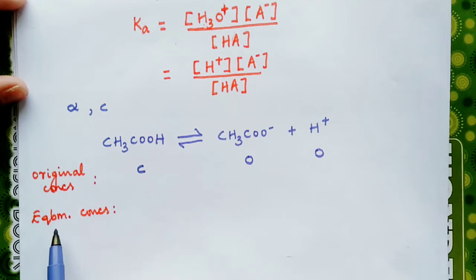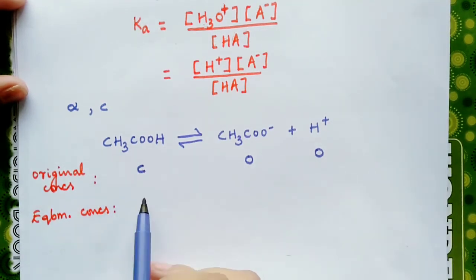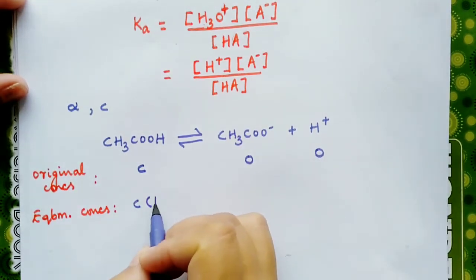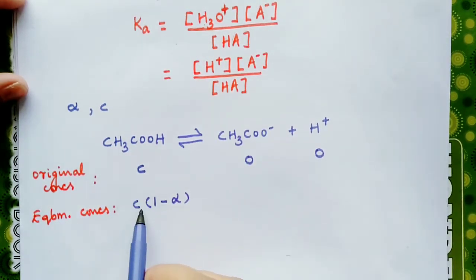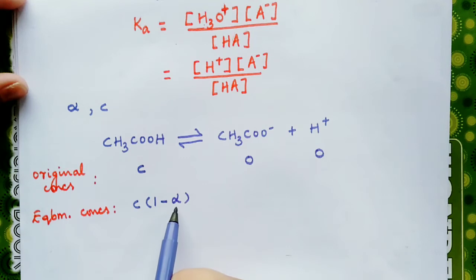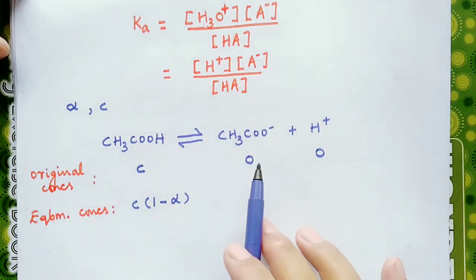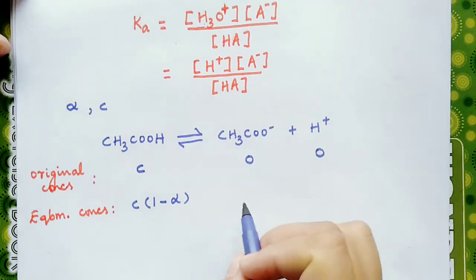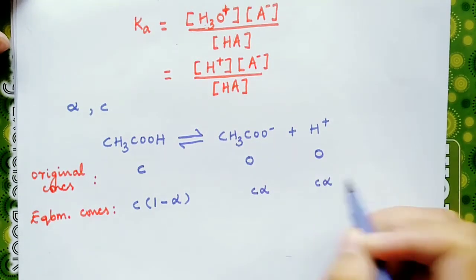So at equilibrium, the concentration of the acetic acid molecule is C into (1 - alpha). It will not be C, but C(1 - alpha), if alpha is the degree of dissociation. And the concentrations of these ions at equilibrium are respectively C alpha, C alpha.